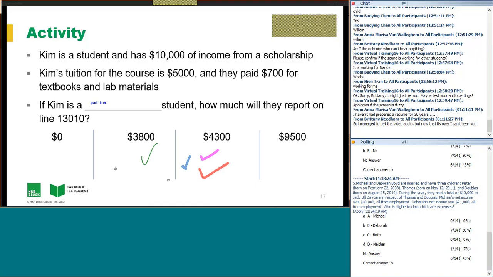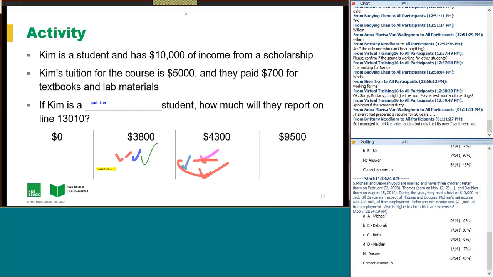So the correct answer for this one is $3,800. Everybody forgets the extra $500 because it's not written down on the screen. But remember, $500 is exempt plus tuition plus books. So I'm going to take 10,000, subtract 500, then subtract the tuition, and then subtract the books. So 3,800 is the correct answer for this one.